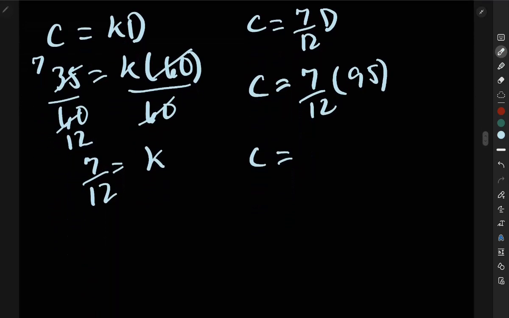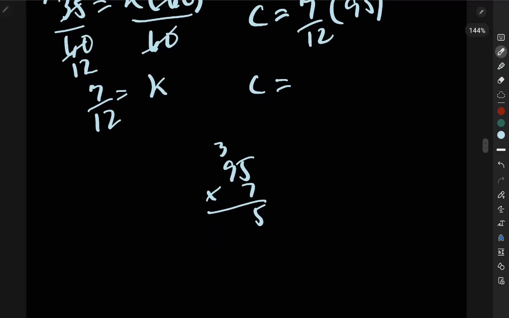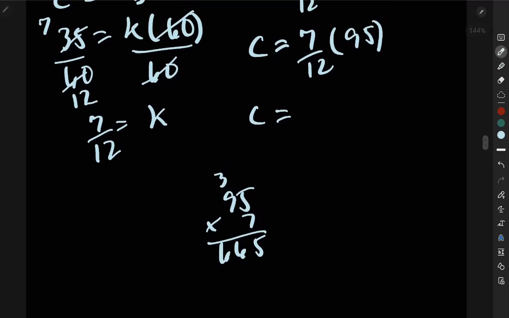So we're going to solve this. We cannot reduce 12 and 95, so we will just compute it directly. 7 times 95. So 95 times 7. That's 35. 9 times 7 is 63 plus 3, 66.